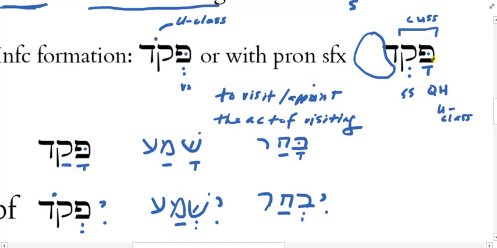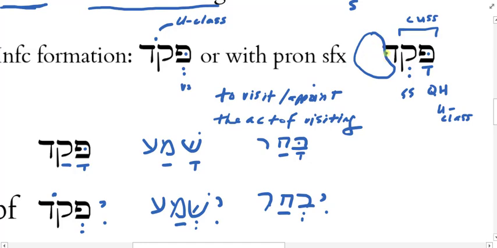Closed, unaccented syllables require what kind of vowel? A short vowel. So I can't have a long holum here. I've got to have a short qamets qatuf. And then my accent's going to be off to the left somewhere. Poqdi, poqdah, poqdam, and so forth.